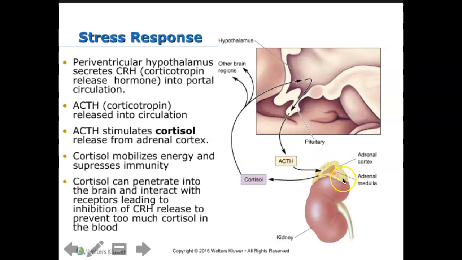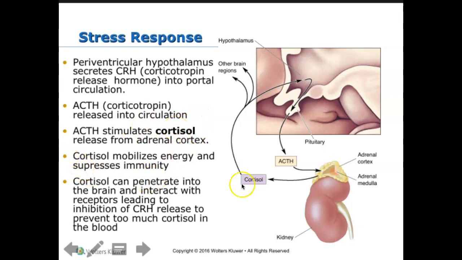Adrenal meaning it sits on top of the kidney, adrenal glands right here. Okay, so here is the cortex. The cortex is going to now produce cortisol and release it from the adrenal glands into the bloodstream.